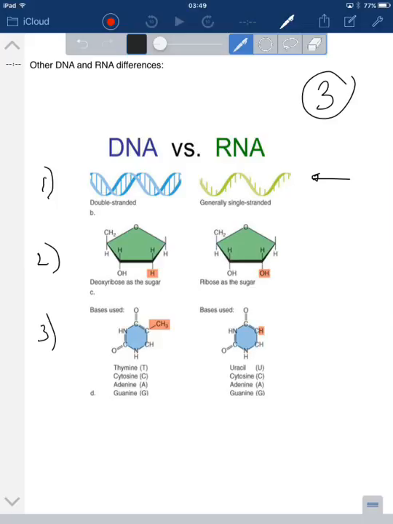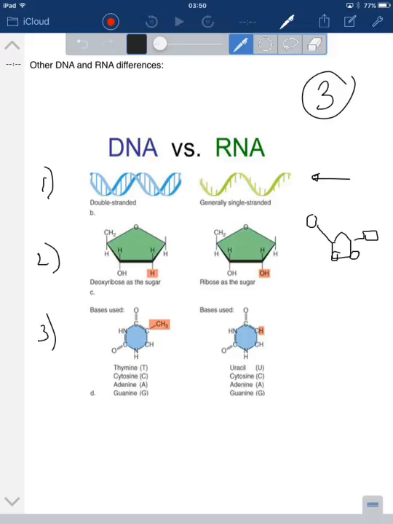The second is that in the ribose sugar, which is present in the nucleotide, remember that's our nucleotide monomer, the difference between the carbon 2 and carbon 3 groups on them is different.